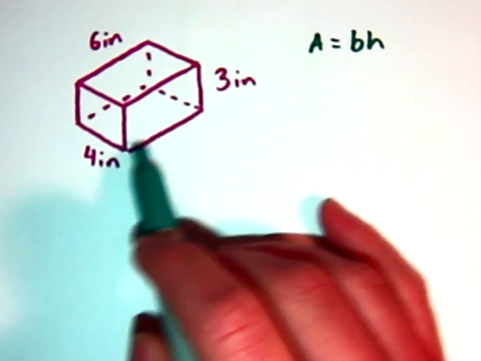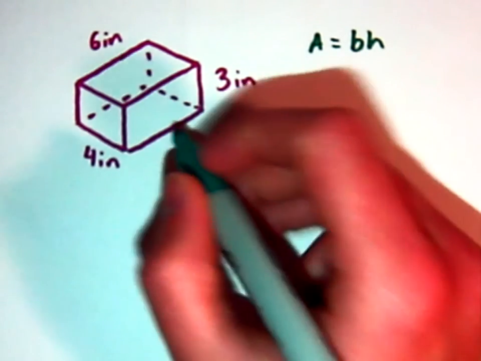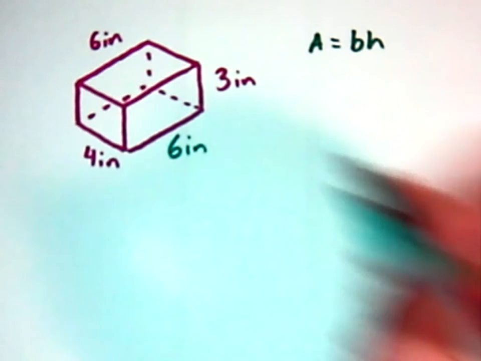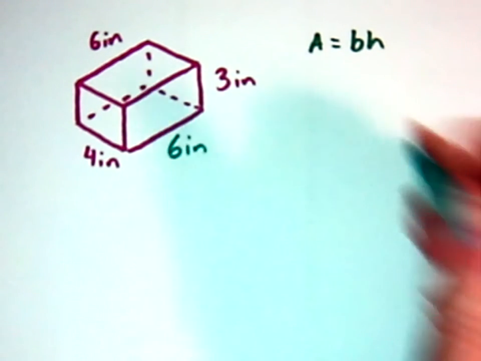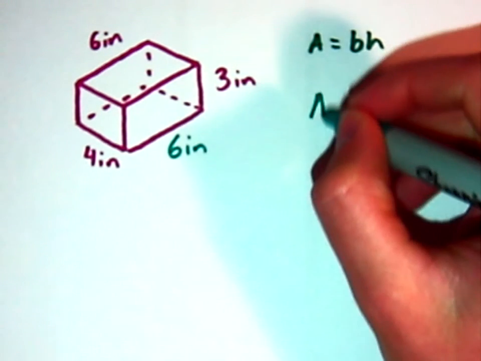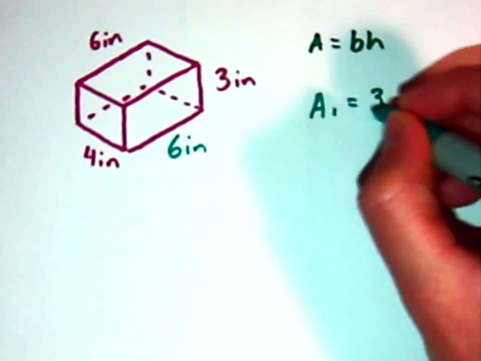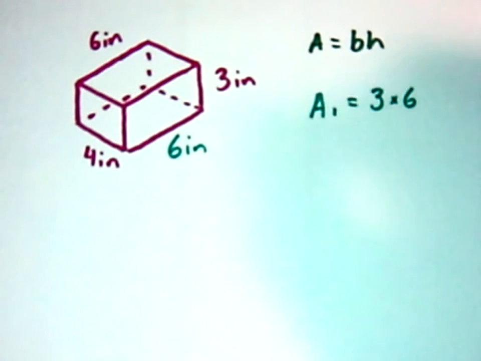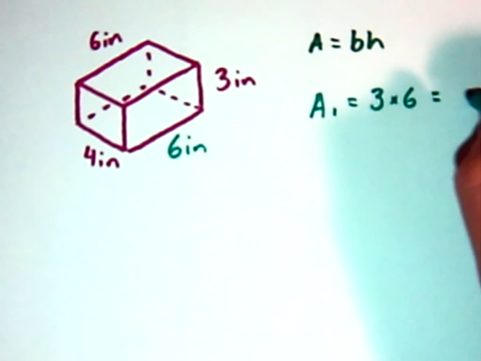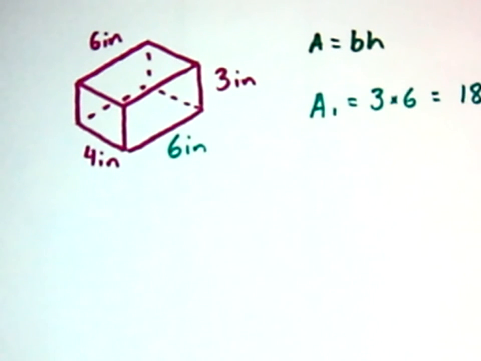So it's going to be 3 by 6 inches, okay? So to find that, I'm going to label area 1 equals 3 times 6, and that's going to get me 18, okay? So there's the first one.